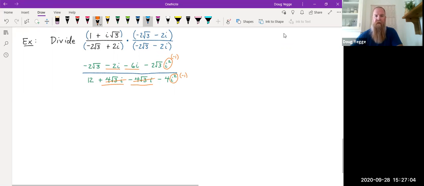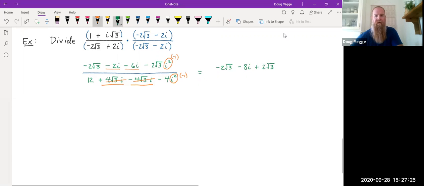So if we were to simplify now, this would end up giving me negative 2 root 3 on top, minus 8i, minus 2 root 3 times negative 1, which is plus 2 root 3.